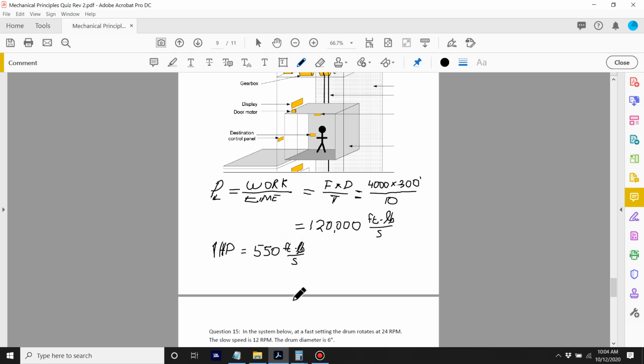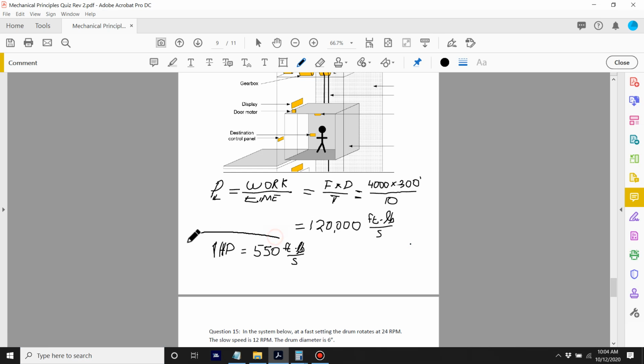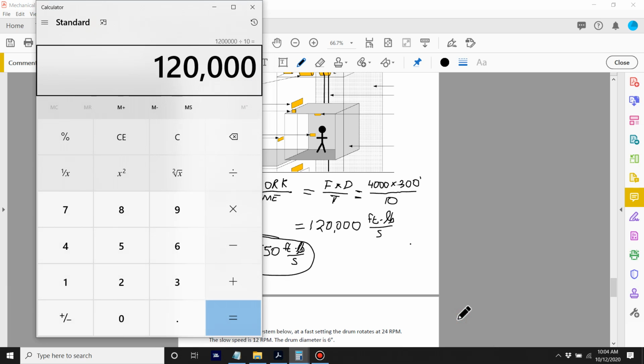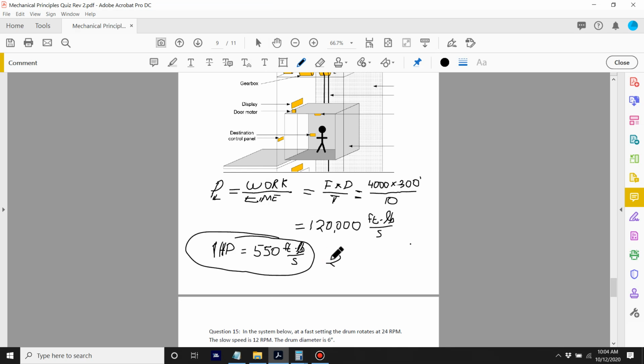So this is going to be a pretty big motor. This is a constant. James Watt figured this out. So 120,000 divided by 550 is roughly 218 horsepower.